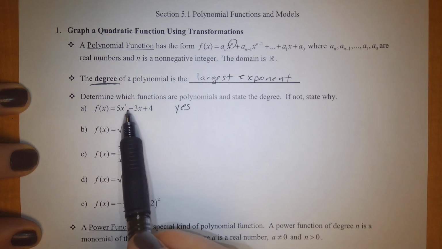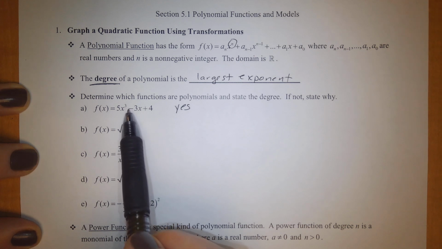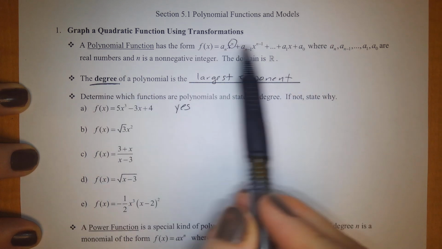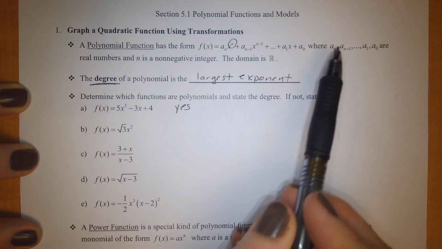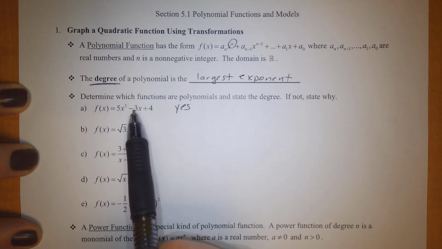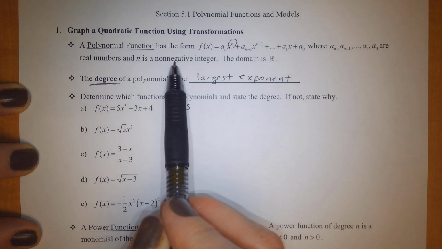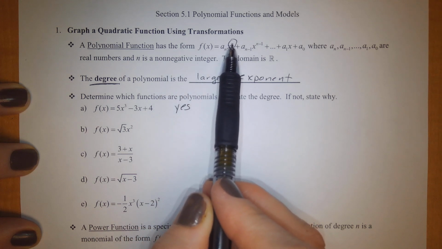I realize there are some terms that might be missing, such as x squared, but that just simply means that the coefficient is 0. All the coefficients in front must be real numbers, which they are. 5, -3 are all real numbers. And n, the exponent, has to be non-negative. So this exponent may not be negative. It has to be a positive integer, or 0.